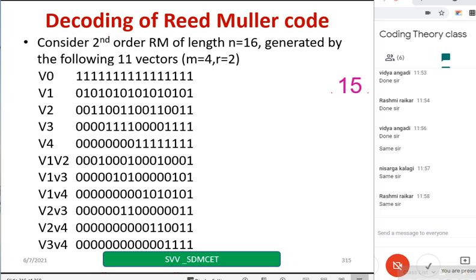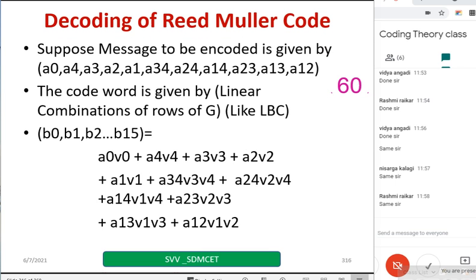Say I have 11 bits, represented by A0, A4, A3, A24, A14 and so on. The code word is given by a linear combination of rows of G, the way you have taken for a linear block code. Say I represent this as B0, B1 up to B15, the 16 bits I have, given by the encoding procedure A0 into V0 plus A4 into V4.